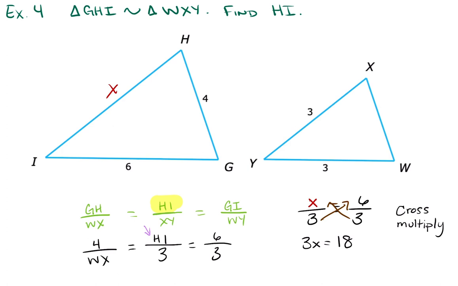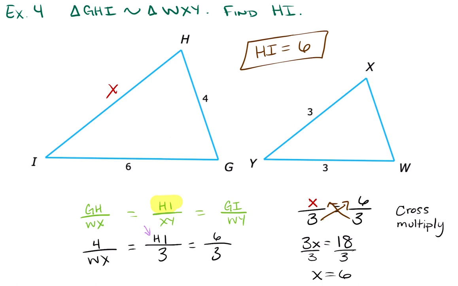So this is a one-step equation. I need to get rid of this 3 by dividing it. So x is going to be equal to 18 divided by 3, which is 6. So the question is to find HI. The solution is that the length of HI is equal to 6.